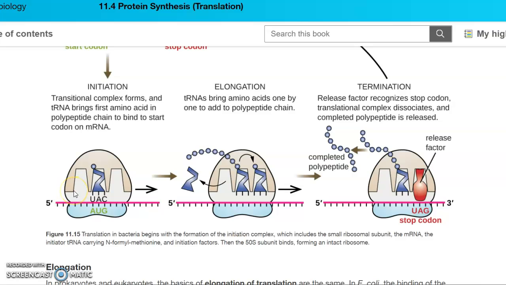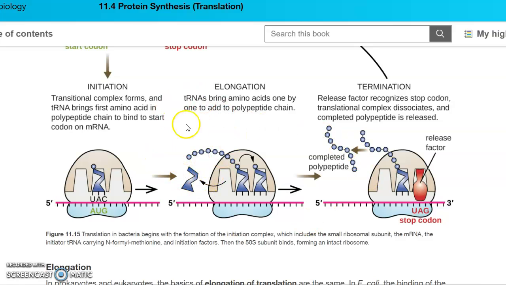And the ribosome is going to move down towards that 3' end, and we're just going to keep bringing in amino acids one by one with the tRNAs. Again, they're going to have an anticodon that matches up perfectly. It's going to be complementary to those base pairs in the mRNA. Again, that's how it knows what amino acid to bring in.